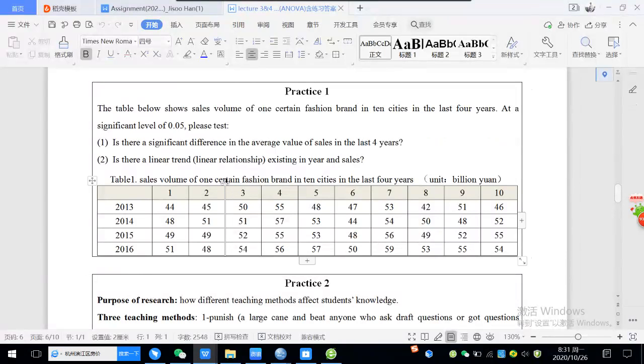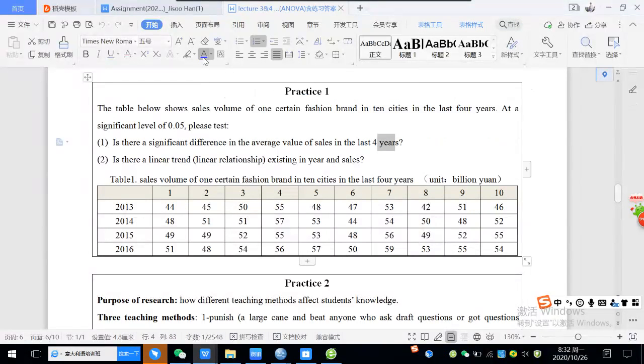Average value of sales also means the mean of sales, right? In the last 4 years, so if there is a difference among these 4 years, then year is the factor. And here we have 4 levels: 1, 2, 3, 4, right?